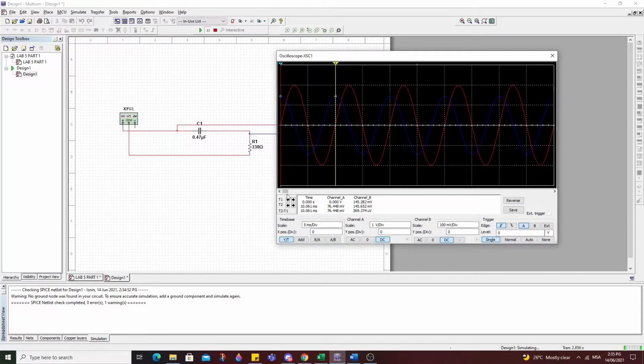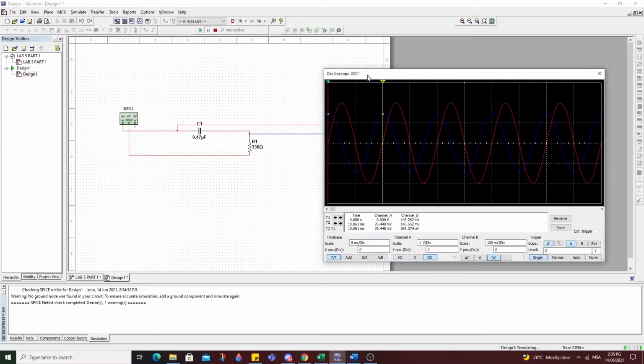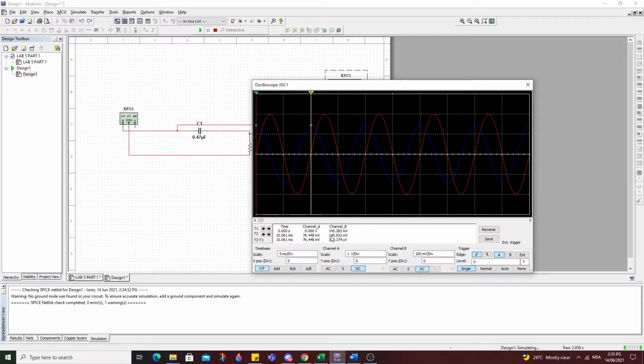We use the second cursor, so we check on the T2 on channel B, because channel B is for V output. So the V output for this circuit is 145.652 millivolt.